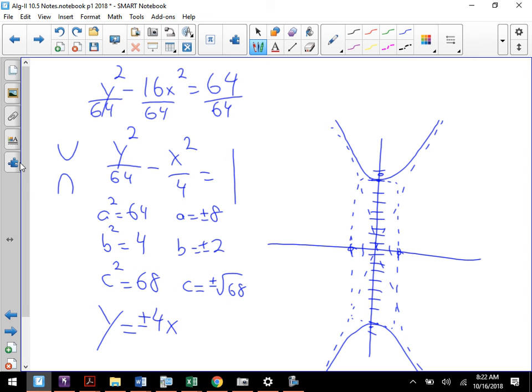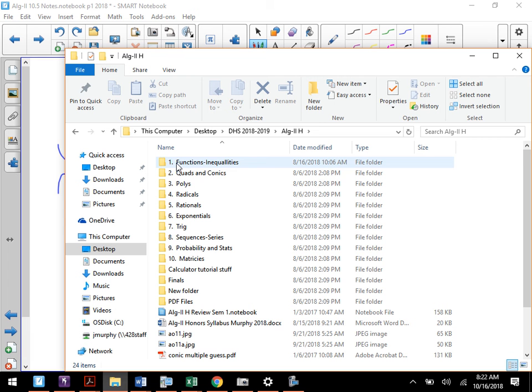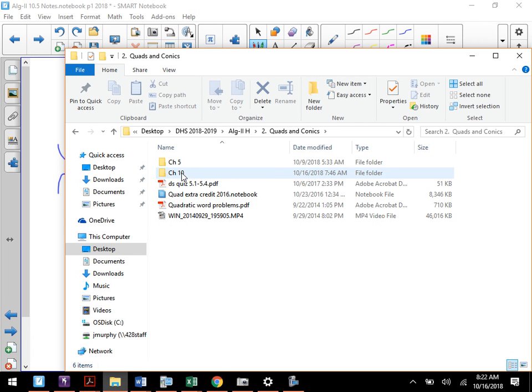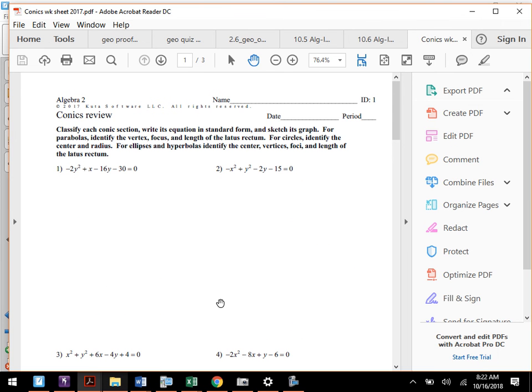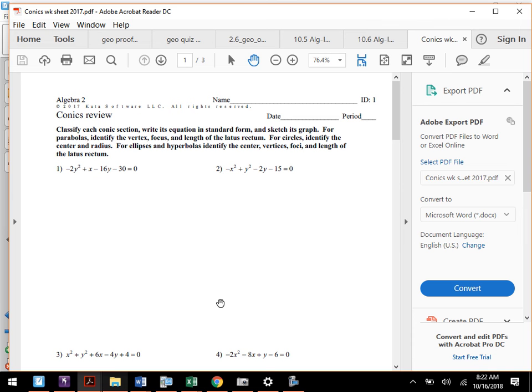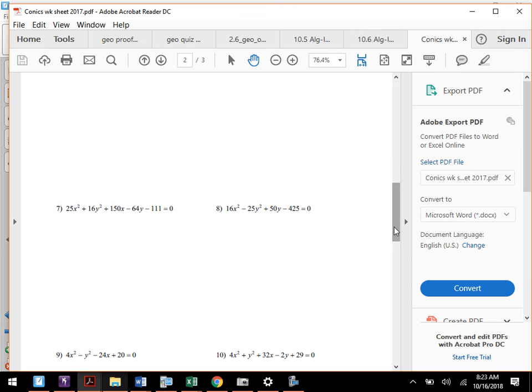The reason I'm doing that now is so that when we get to stuff like this, when it starts looking all crazy, you'll know what to do. Lots and lots and lots of complete the square. If you weren't any good at completing the square before, you're gonna get really good at it.